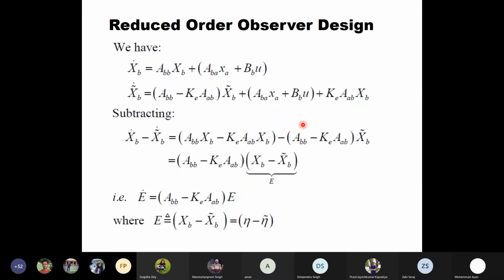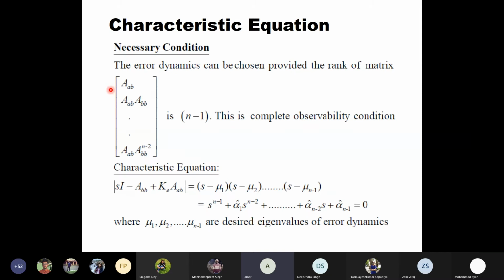So C transpose, A transpose C transpose, and so on. This is basically the observability matrix. The rank should be n minus 1 because the reduced order state equation has n minus 1 states.